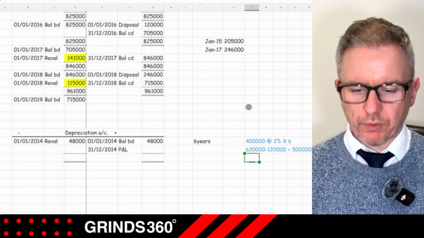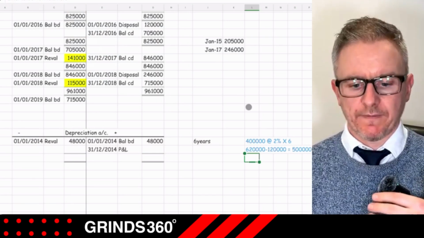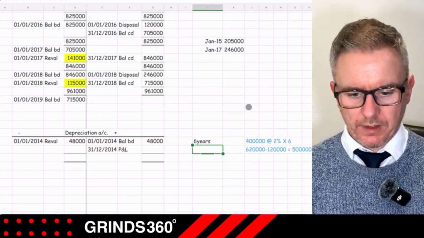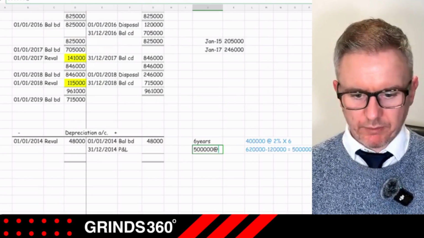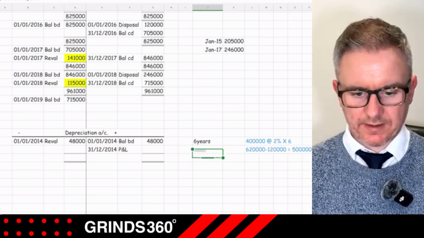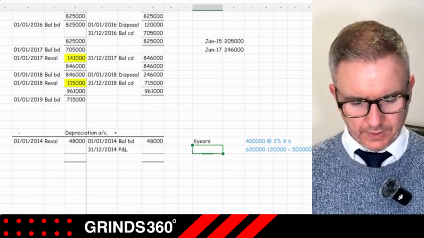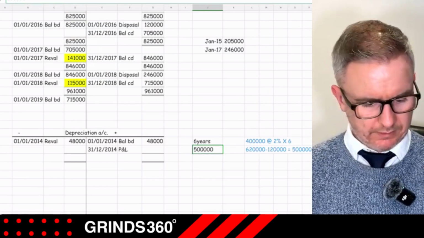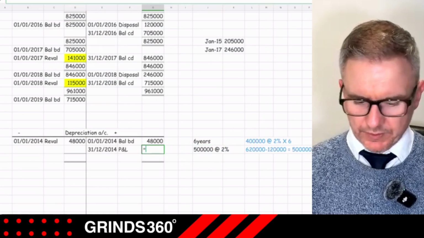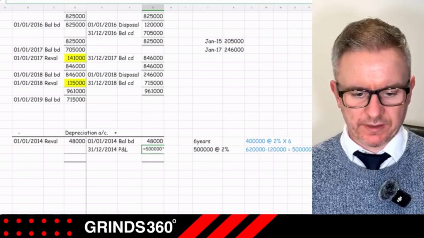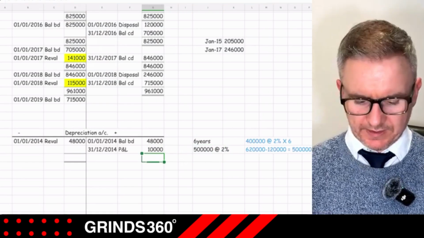So we know that we're running at buildings being €500,000, at the relevant percentage, which is 2% in this case. We come along here and all we're doing is placing that in. So 500,000 by 0.02, so that's 10,000.